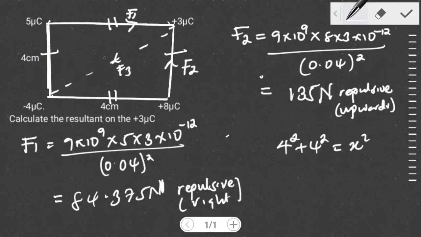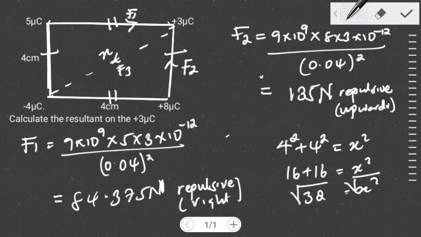So 16 plus 16 is equal to x squared, and then this would be 32, equal to x squared. Then rooting both sides, this would be 5.659, in centimeters.